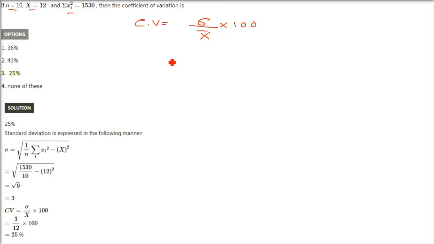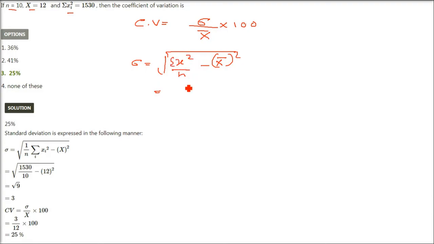So how do we find sigma? Sigma square is sigma x square by n minus x bar whole square. This formula is the basic formula which we have seen in our discussion of the theory. So let us use it here.